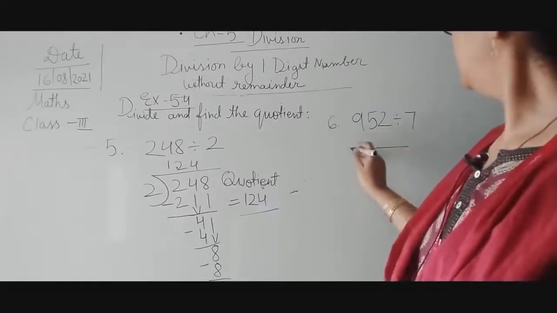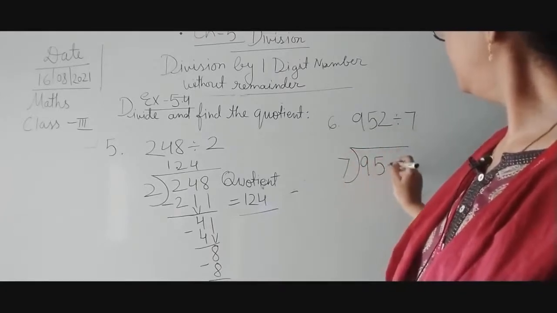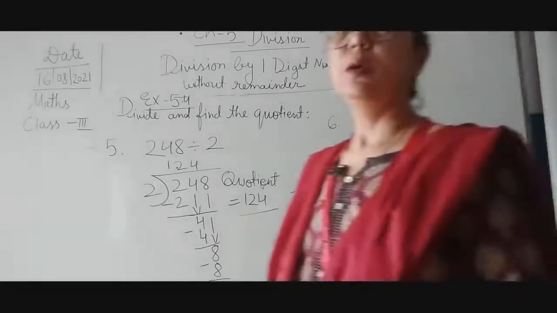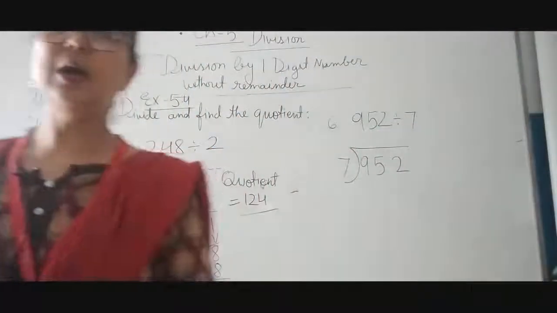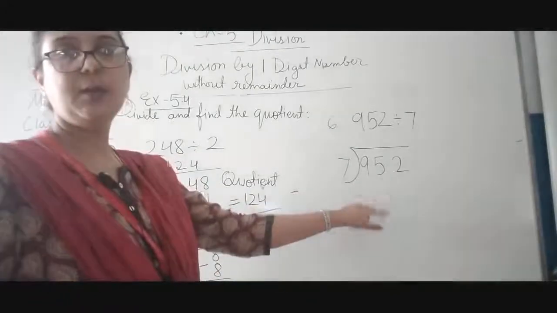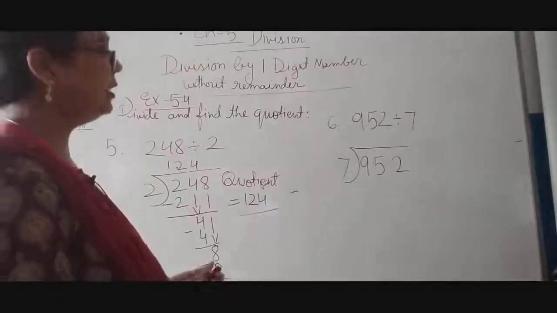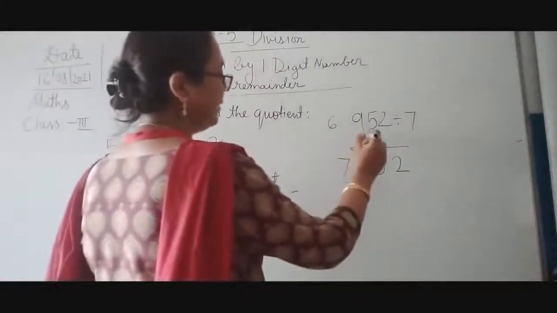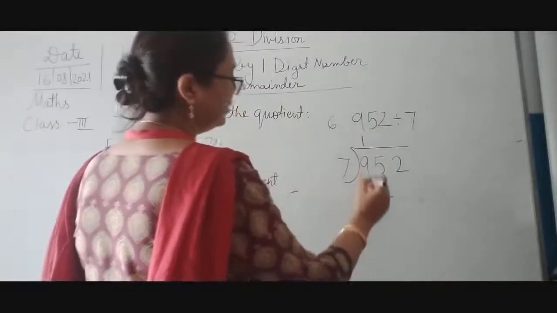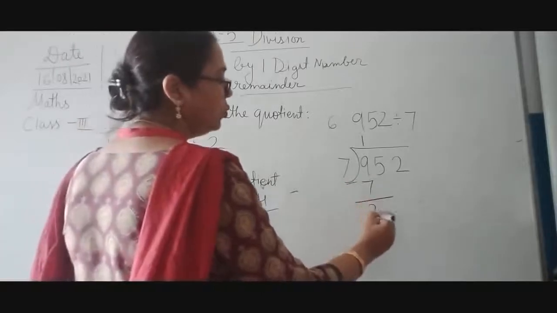Okay. Now we are going to write 7 and 952. So here children, we have to tell the table of 7 how many times. That is a much bigger number, 952. Now first of all we will tell the table of 7 one time. 7 ones are 7. Now here 9 minus 7 we will get 2.